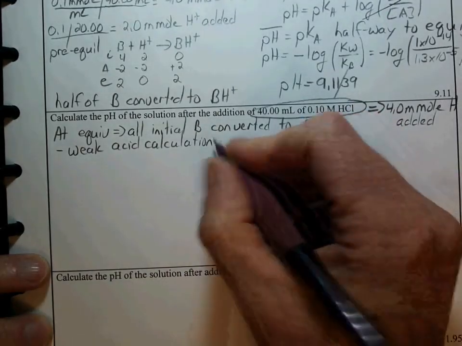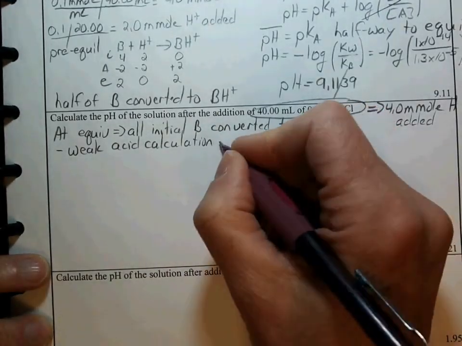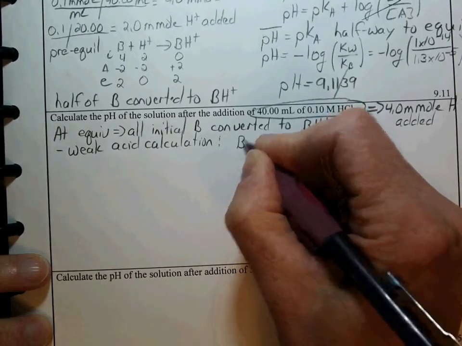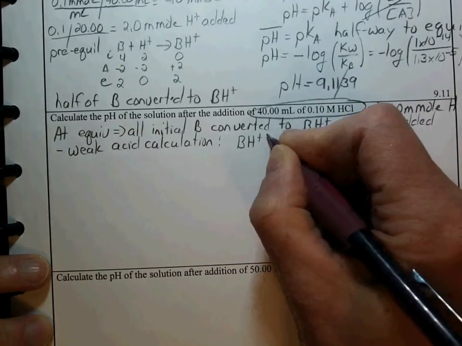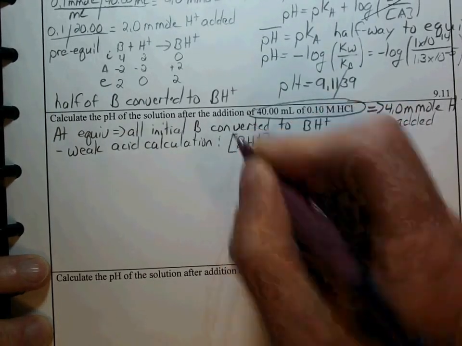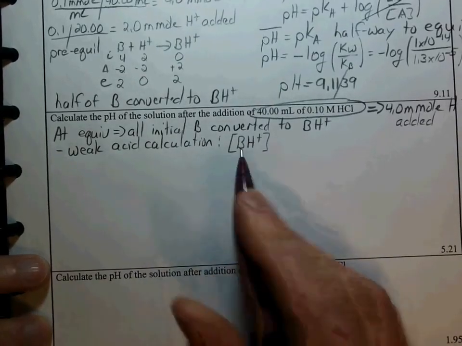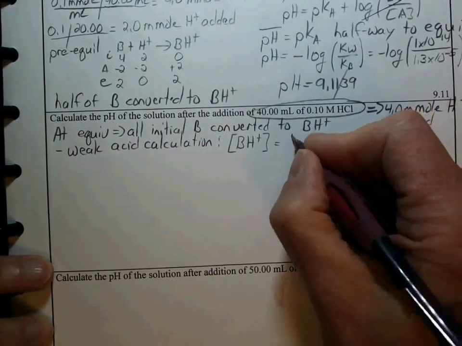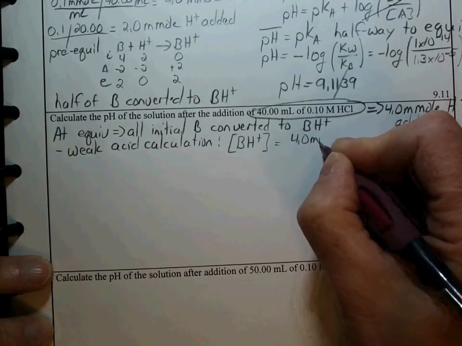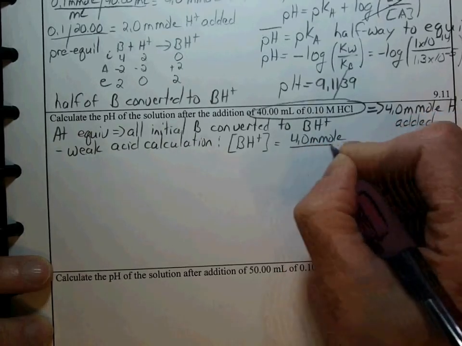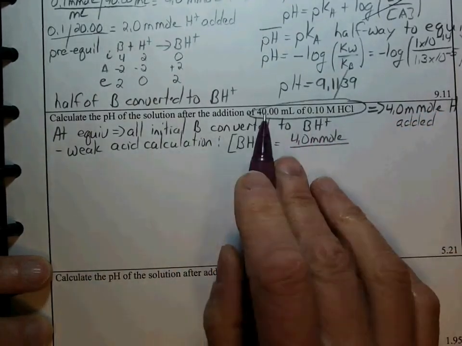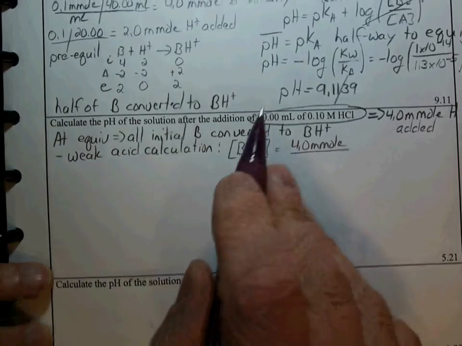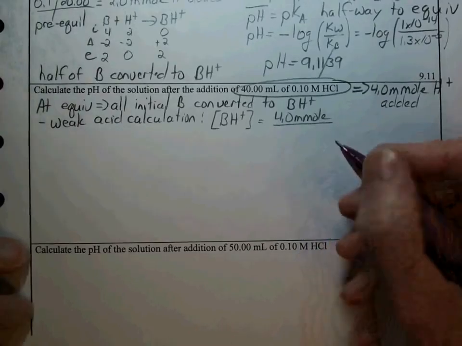So we have our concentration of our weak acid, which is the conjugate acid of our weak base, is 4 millimoles in 40 milliliters added, 40 milliliters to start, 80 milliliters of solution.